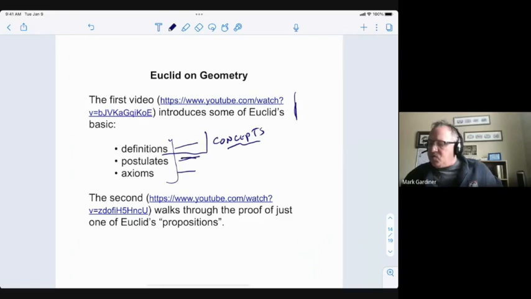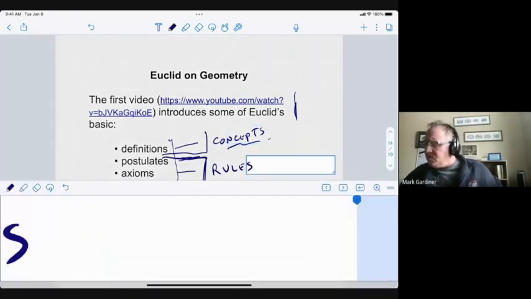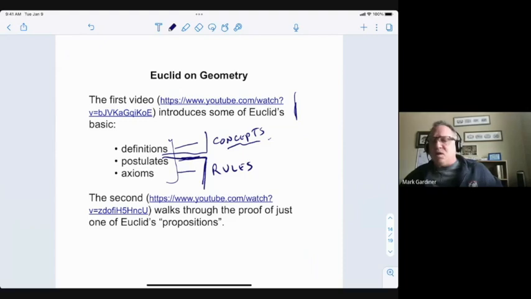In terms of the postulates and the axioms, these really constitute the rules that Euclid proposes by which we can manipulate the concepts to produce other concepts and to gather that kind of new knowledge that we saw talked about in the Aristotle video.